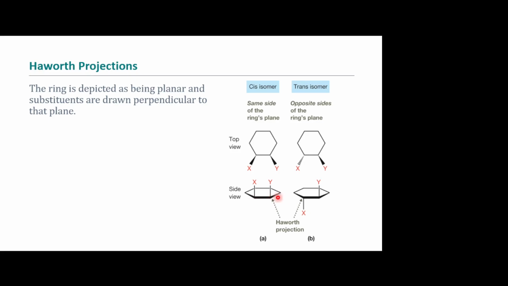It makes it much easier to tell that these are on top of the ring, this is top, bottom. Whereas the normal drawing makes it a little more difficult to tell, since we're representing this ring as being flat on the paper. Does anybody have any questions there? Notice we're just rotating that ring 90 degrees so we can get a different perspective.